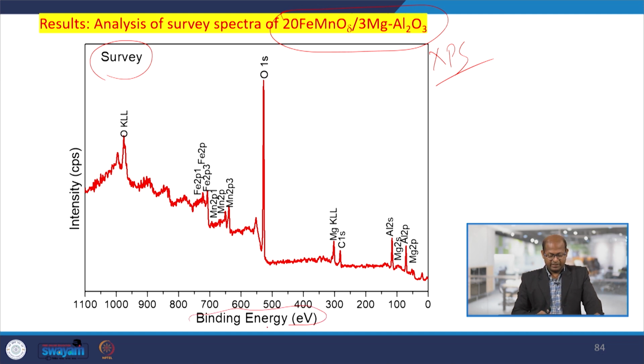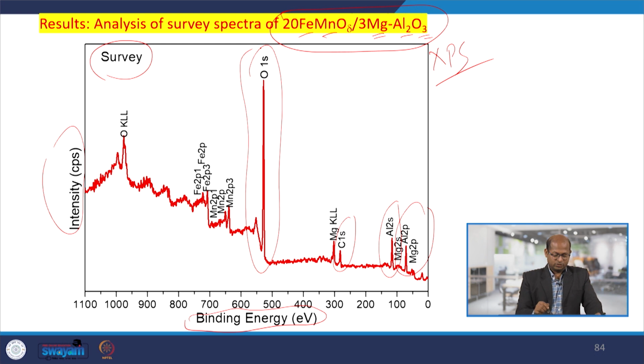On the x axis is the binding energy and on the y axis the intensity. Let us say iron, manganese, magnesium, alumina and oxygen are present. Magnesia you will get here, alumina you can get here, and carbon is also there, which comes by default. Oxygen is there, manganese is also there, iron is also there.